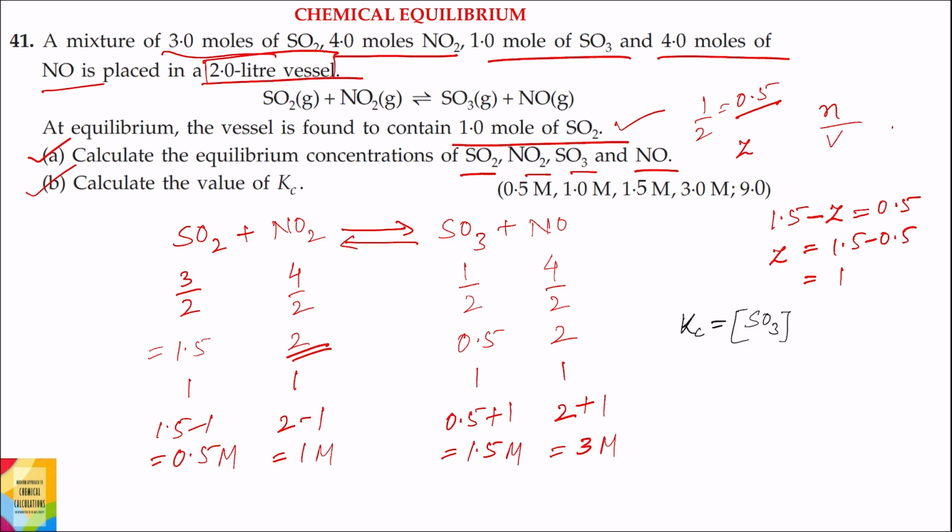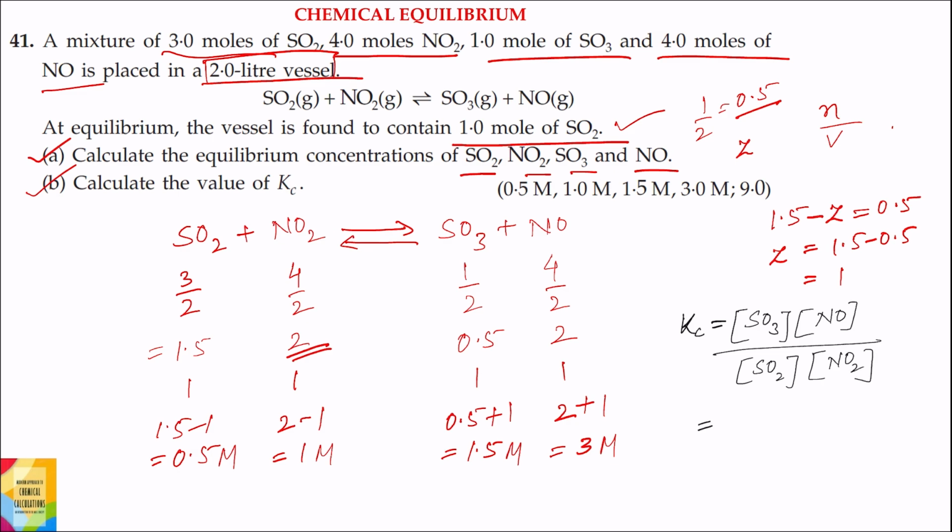So concentrations of products and reactants will be raised to the power 1. So Kc is the concentration of SO3 multiplied by concentration of NO, divided by the product of the concentrations of the reactants, that is concentration of SO2 multiplied by concentration of NO2. These are the equilibrium concentrations.